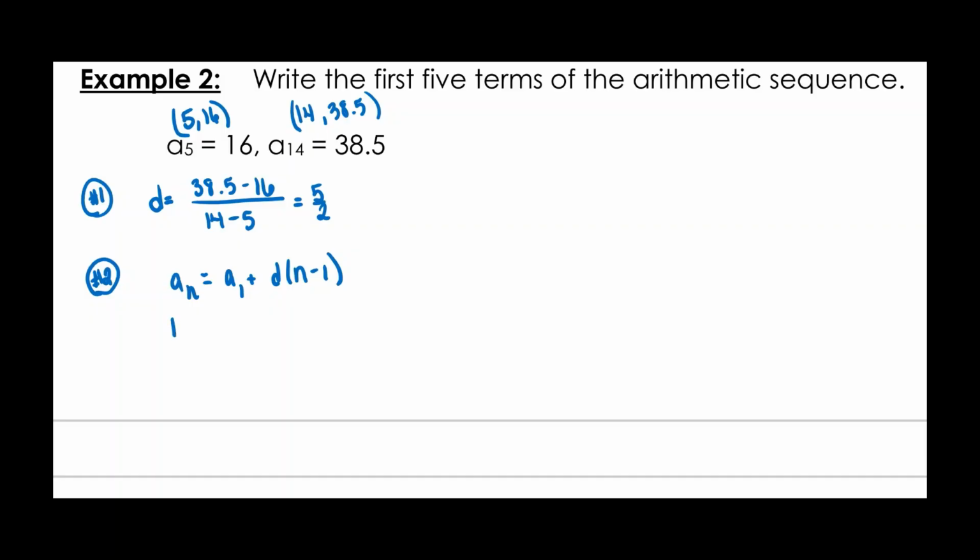Use either of the 2 points. I'm going to use the first one. And now I'm going to solve that for my first term here, a sub 1. So then notice that we would get 4, and then we would get 10 from that. So then I get my first term to be 6.